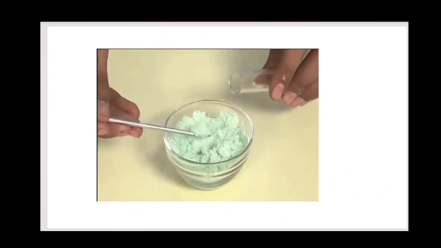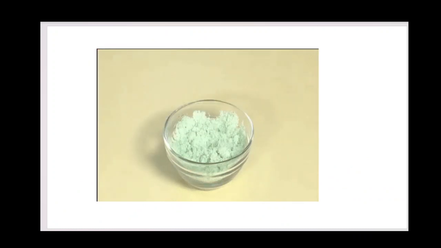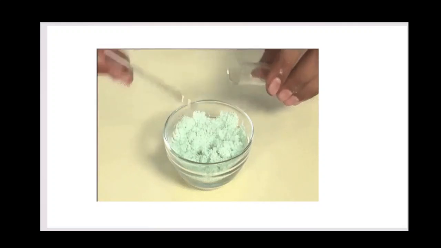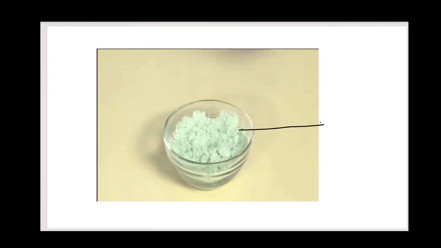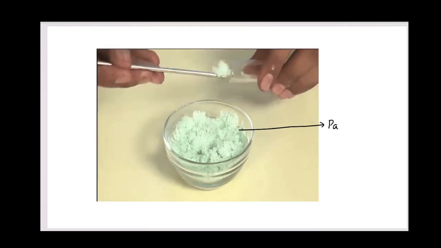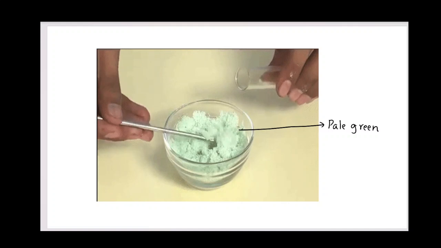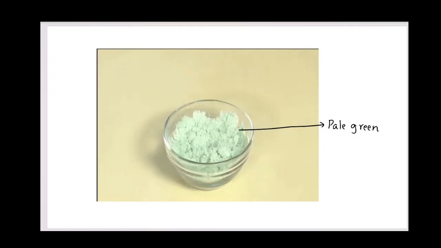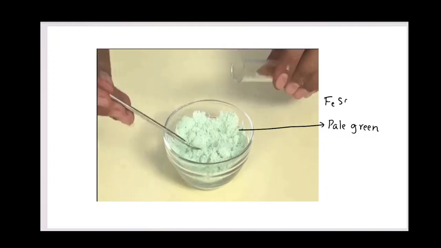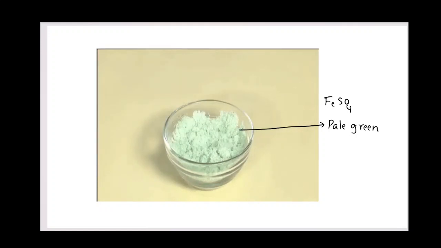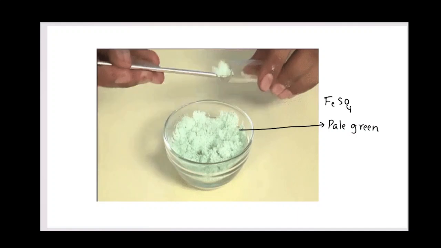Just check here what is going on. They have a powder that is pale green in color, and it is added to the test tube. Now this powder is nothing but ferrous sulfate. Ferrous sulfate, and it has water content in it.